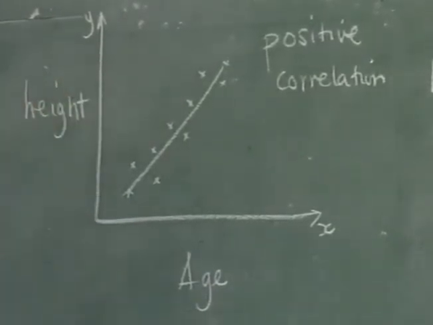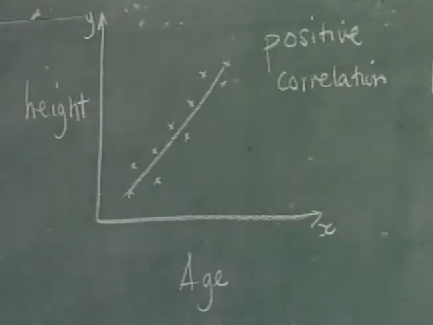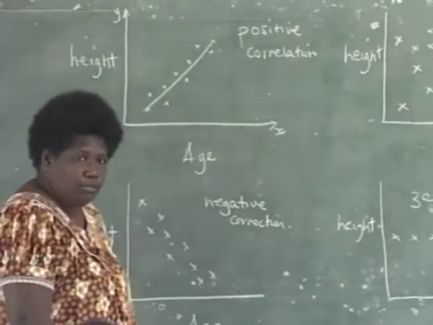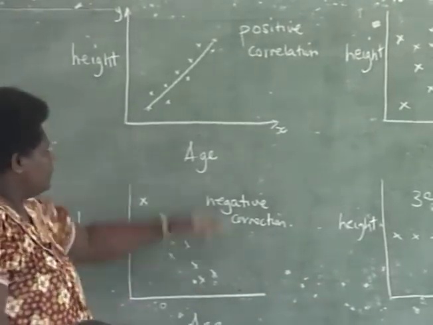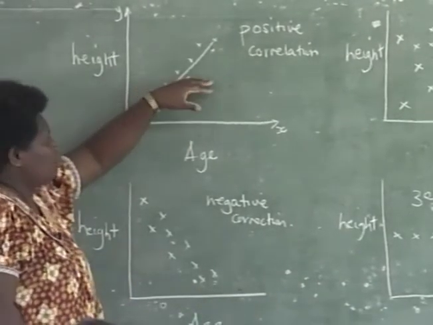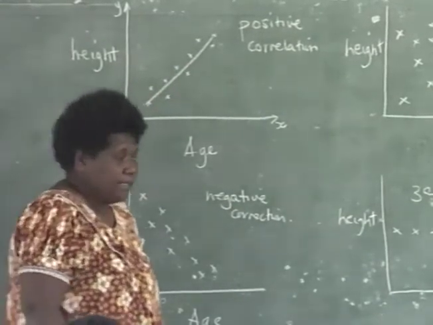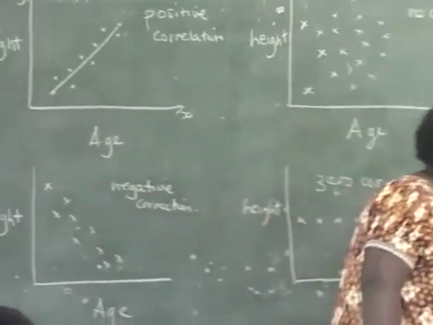That line is called the line of best fit. It's not the true line of the points or one that shows exactly the way the points are lying on the graph, but it's just called a line of best fit.